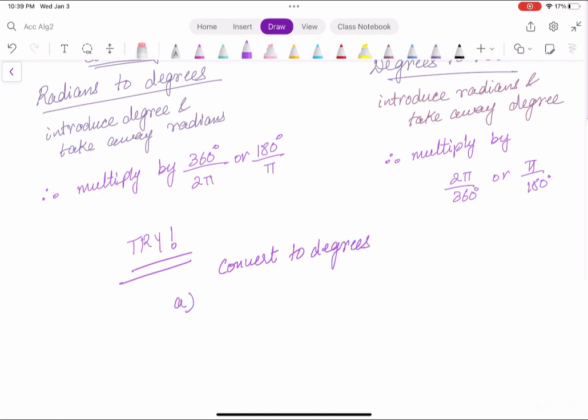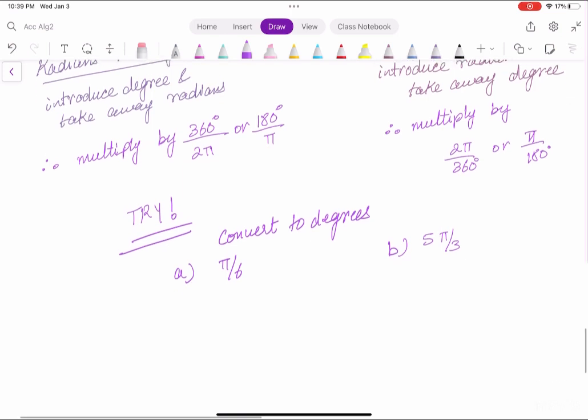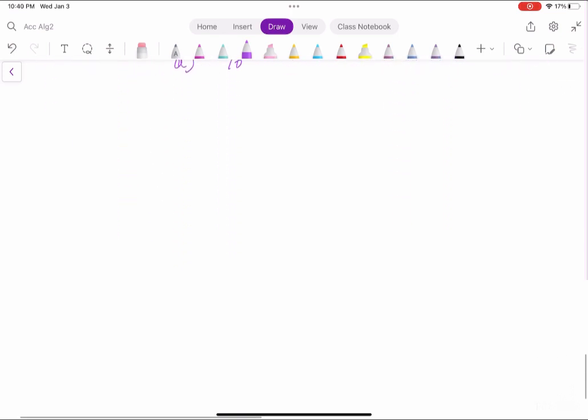So our two problems are pi over 6 and 5 pi over 3. After that, we will talk in detail about arc length.